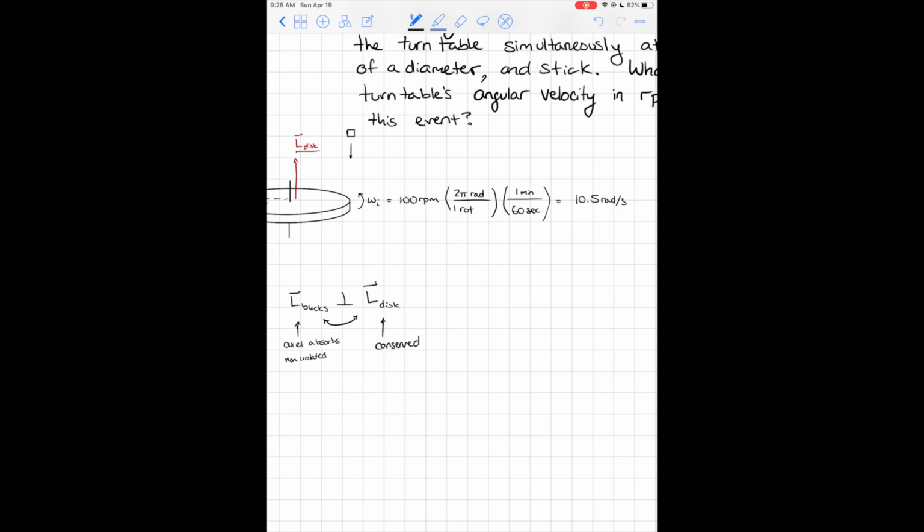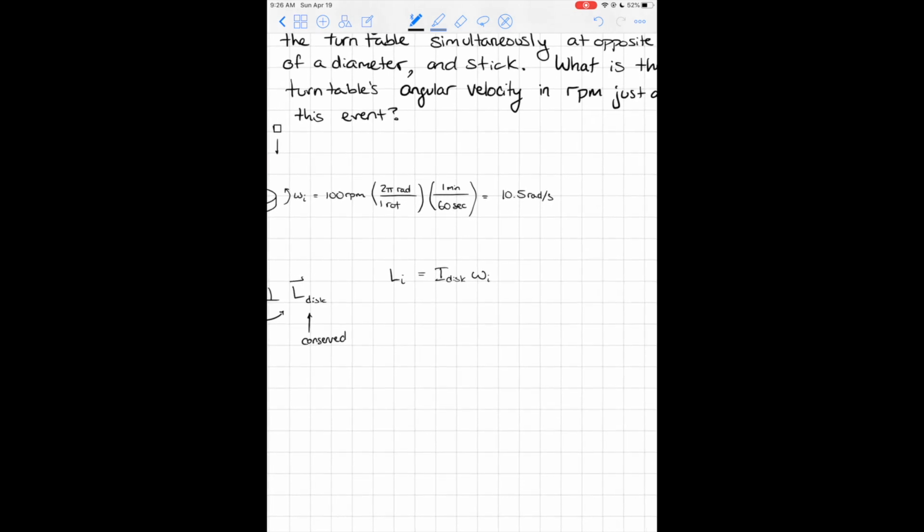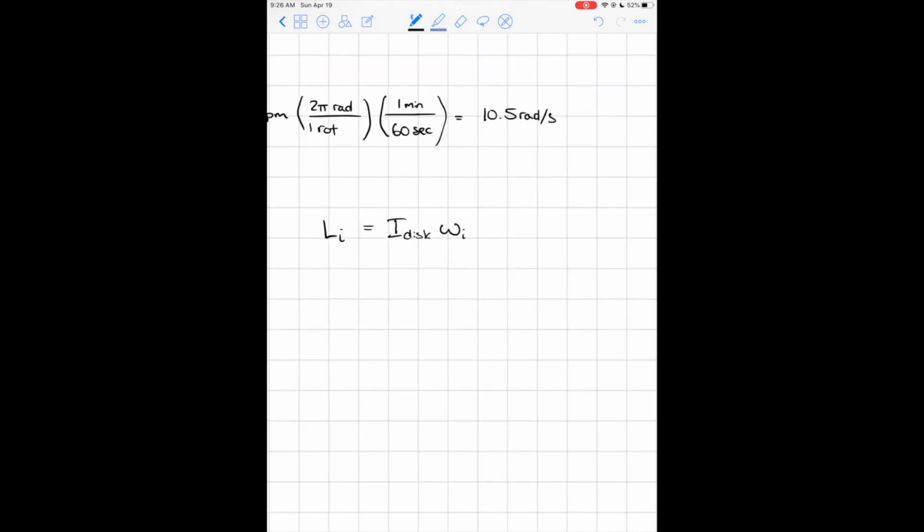So really, I'm just thinking about what I have initially, which is my disk, right? It's I of the disk times omega i. That is my initial angular momentum. And since we're only considering the angular momentum going up or down, we're just going to leave out any vector hats.